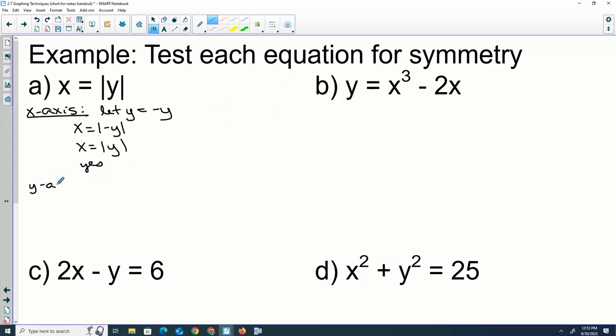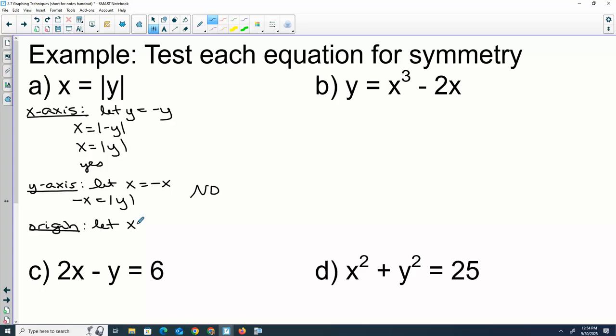If I want to check the y-axis, we replace x with a negative x. If I put in a negative x, is there anything I can do to turn this back into the original equation? No. So this one is not symmetric to the y-axis. If I want to check origin, we have to do both.